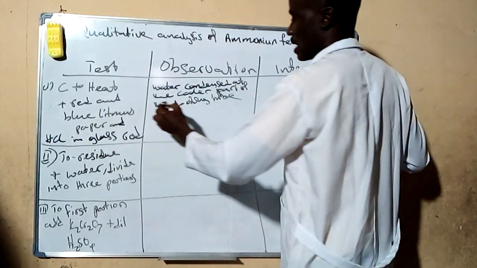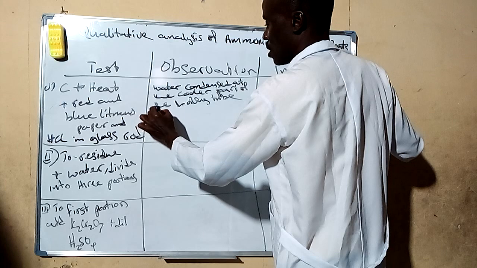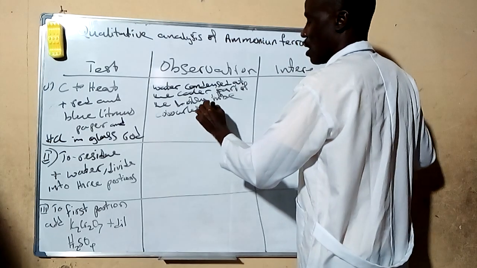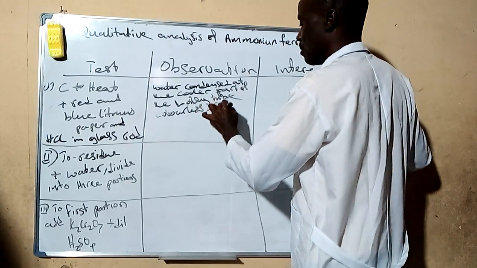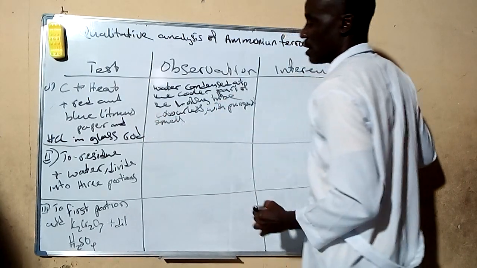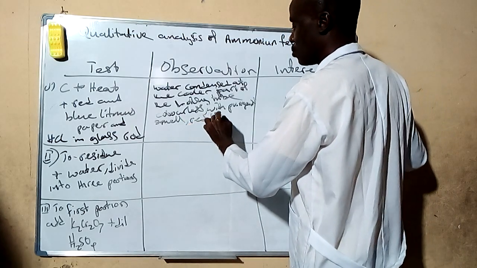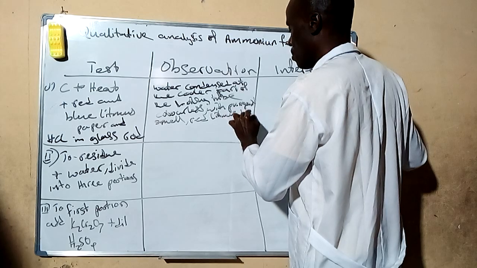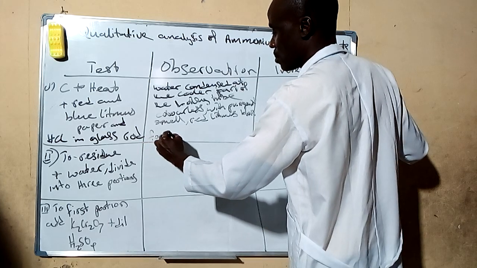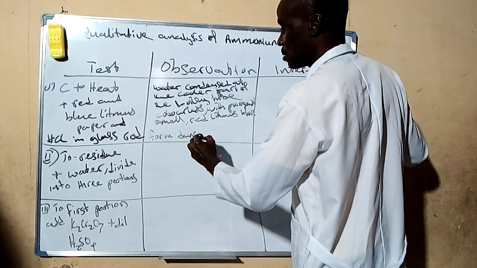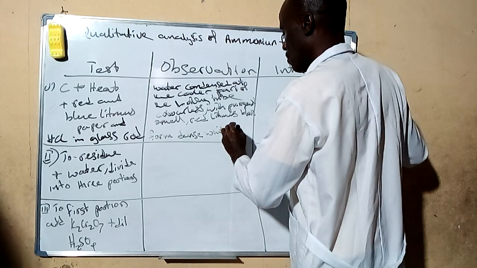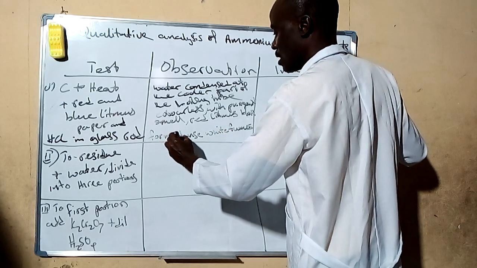The next thing you notice is that a colorless gas with a pungent smell comes out, which turns red litmus blue, and also forms dense white fumes with HCl.